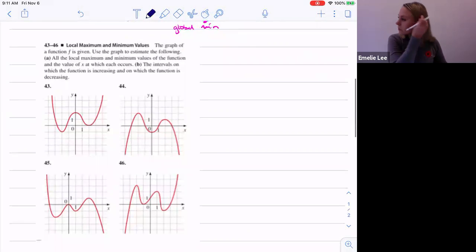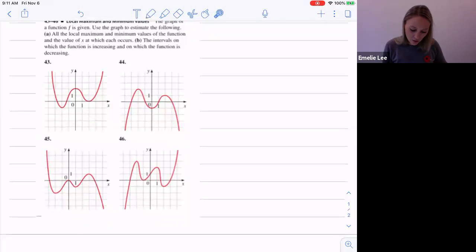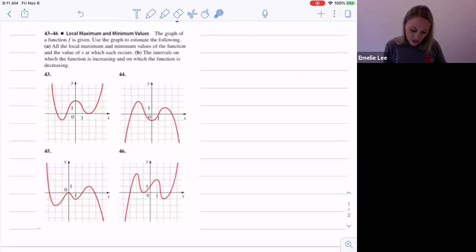What we're going to do is find the local maxes and mins, and then find the value of x where this happens. So we're going to find the actual point where this happens. And then we're going to talk about which intervals they are increasing and decreasing on.